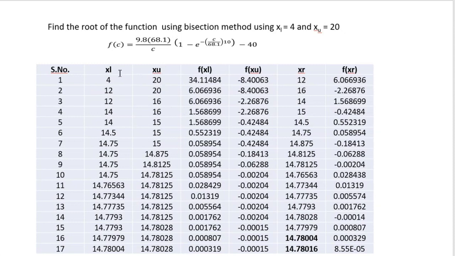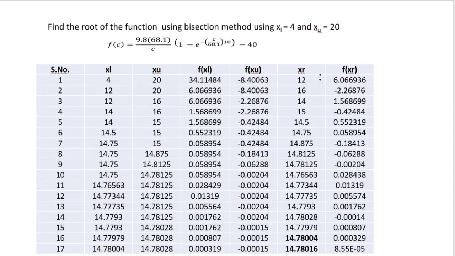The first step is to calculate the function value at XL, that is f of XL when XL is equal to 4. I get the value as 34.11484, and then I calculate f of XU, which comes to minus 8.40063. So one is positive, one is negative, so we are sure that at least one root will lie between the range 4 to 20.